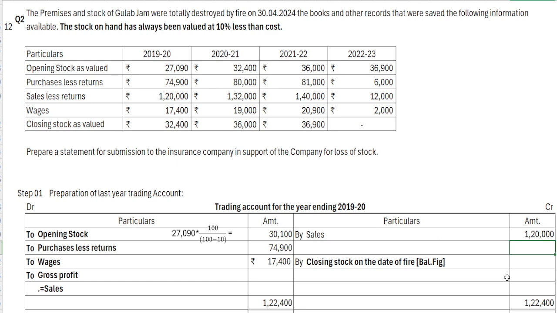Closing stock: for the closing stock also it will be 10% less.